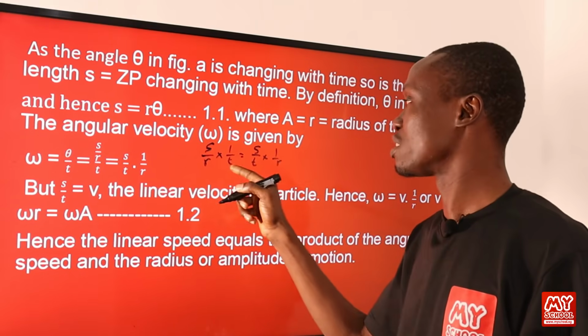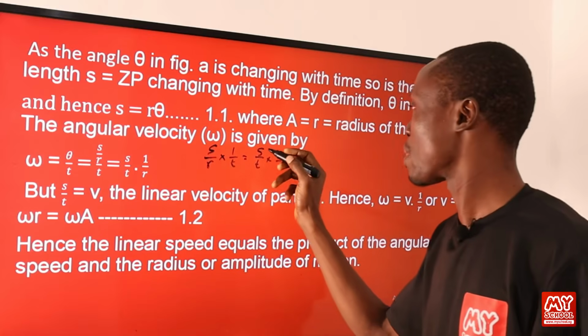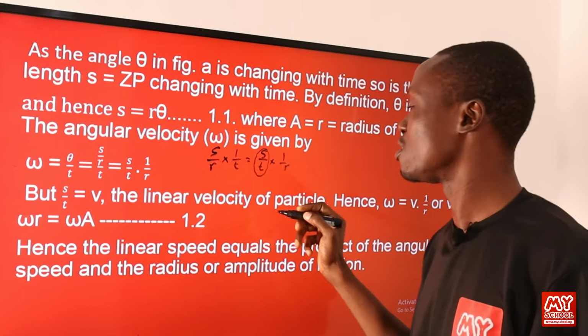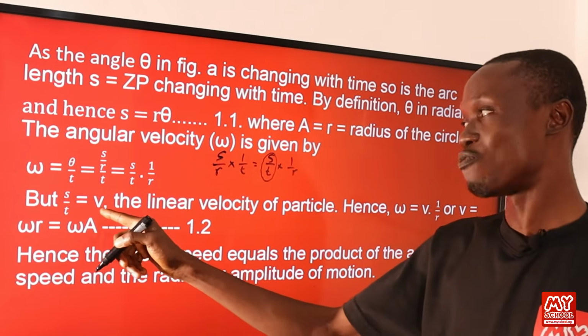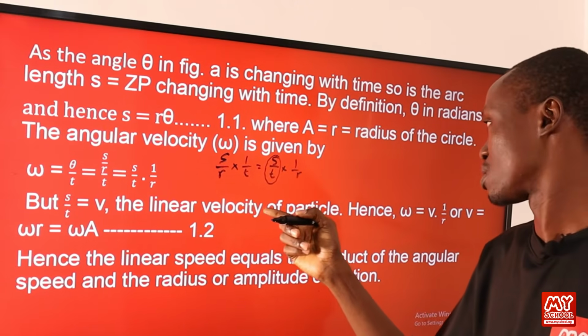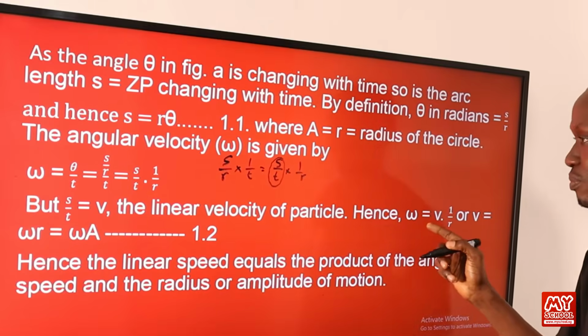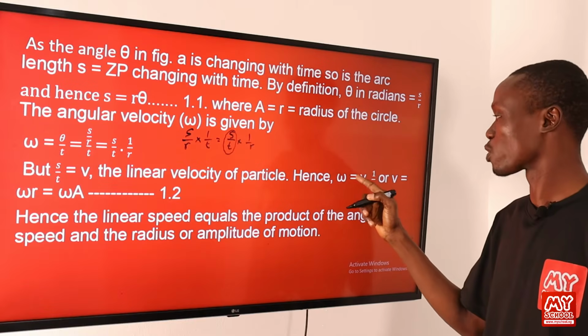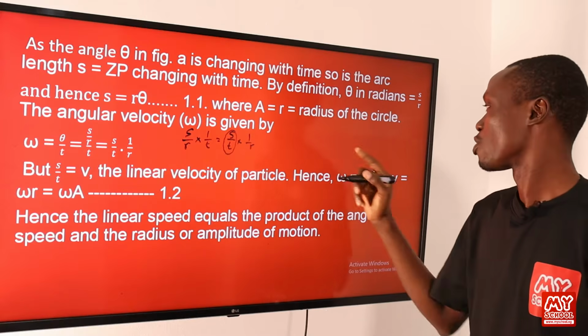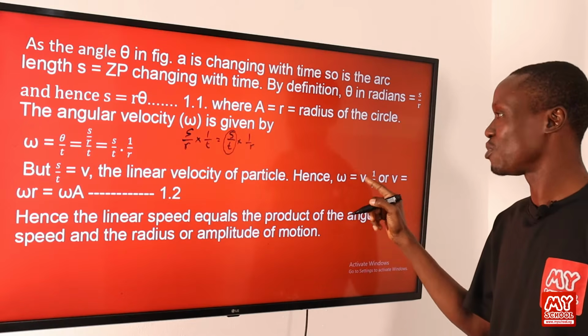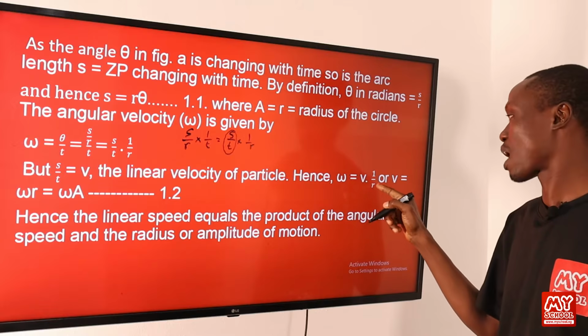So the r and the t just changed position. But remember that x over t is equal to our velocity. But s over t is equal to v, which is our linear velocity. So our omega now is equal to v times 1 over r.